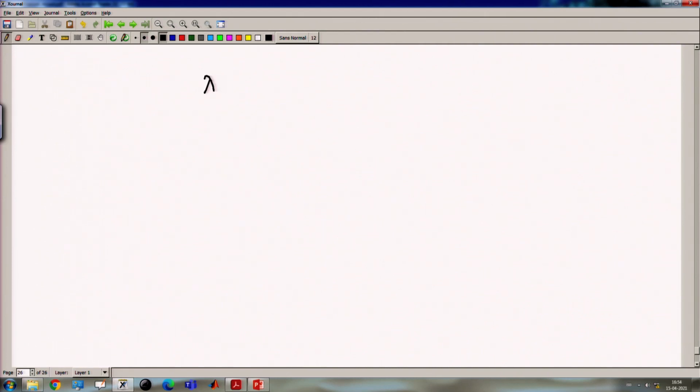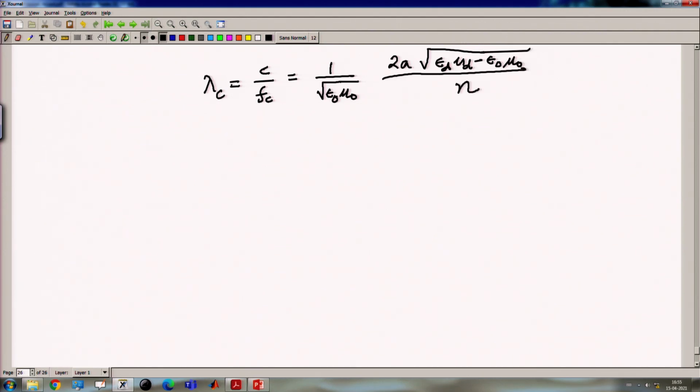The corresponding cutoff wavelength lambda c becomes equal to c by f c, that is equal to 1 by root of epsilon naught mu naught, over n by twice a root of epsilon d mu d minus epsilon naught mu naught, or that can be written as twice a by n root of epsilon d mu d by epsilon naught mu naught minus 1.